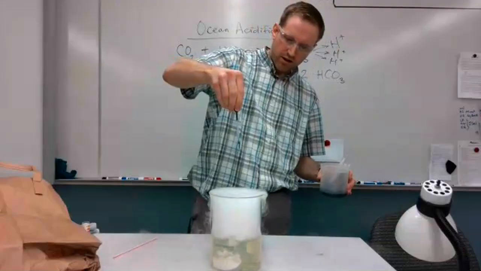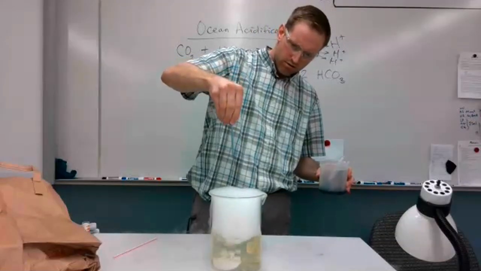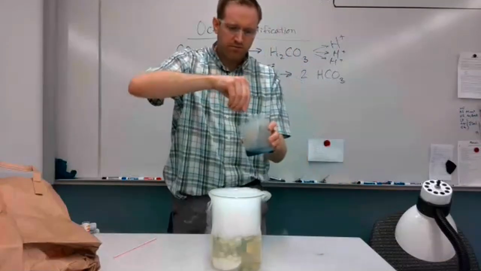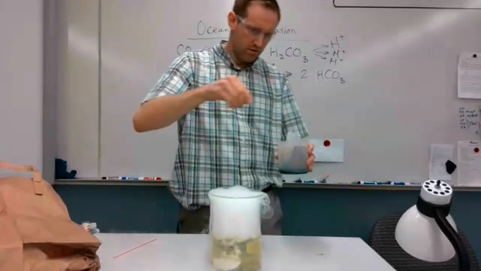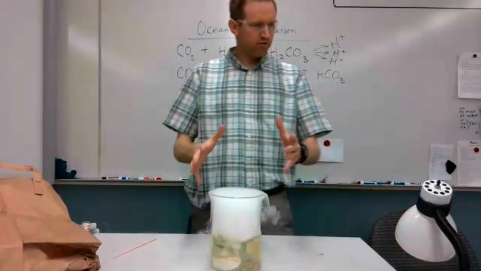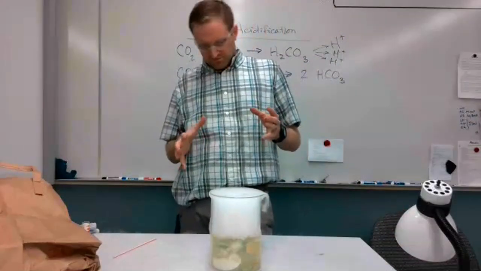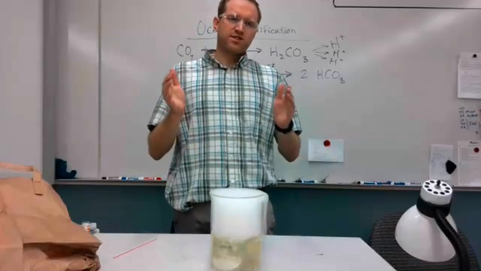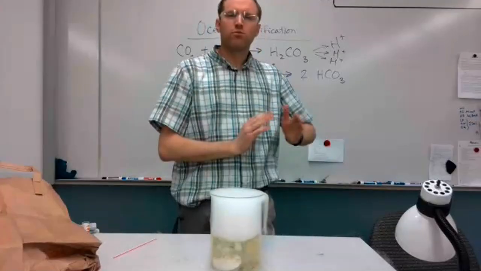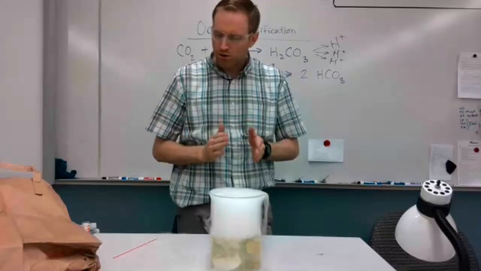We might get a brighter yellow. Yeah, we do. Okay, so that is definitely an acidic solution. Right, and like I said, the oceans are not acidic, but they're moving that way. The pH is getting lower.